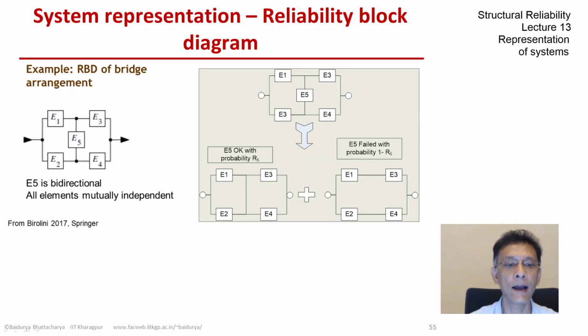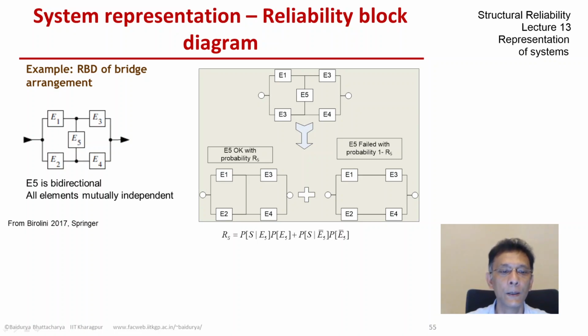So now on the left, we have a simple parallel arrangement in series, two parallel subsystems in series, and on the right we have two series systems in parallel. So we know how to solve this now.